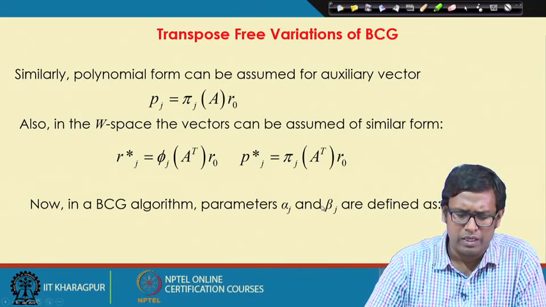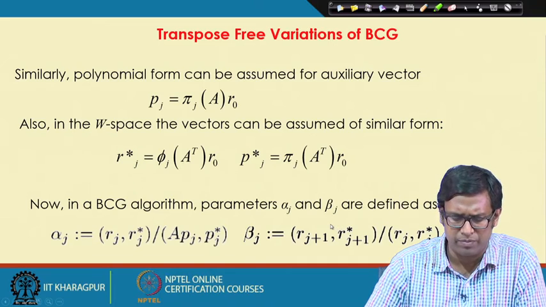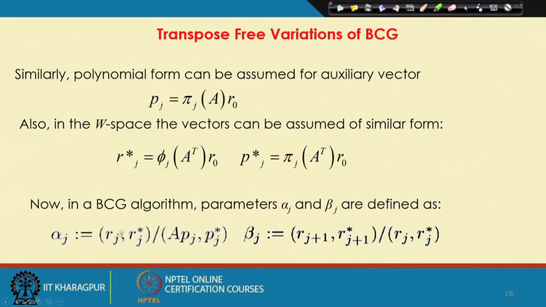Now, in a typical BiCG algorithm, alpha j and beta j are defined as alpha j equal to the dot product between Rj and Rj star divided by the dot product between A pj and pj star. Similarly, beta j is the dot product of Rj plus 1 with Rj plus 1 star divided by Rj dot Rj star.